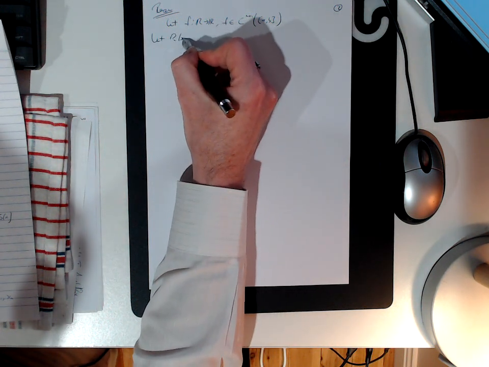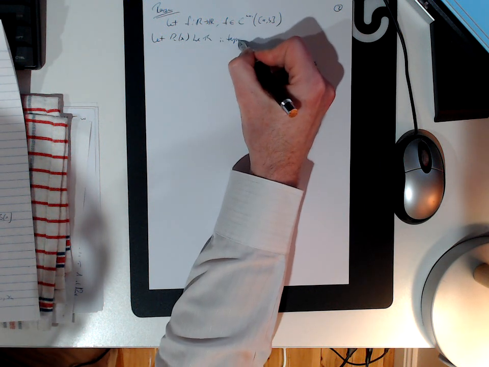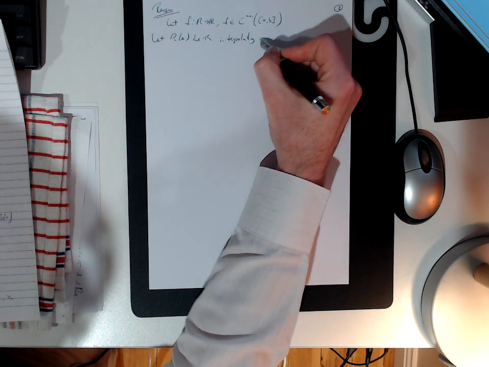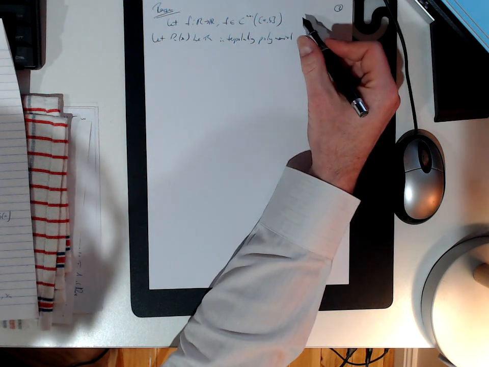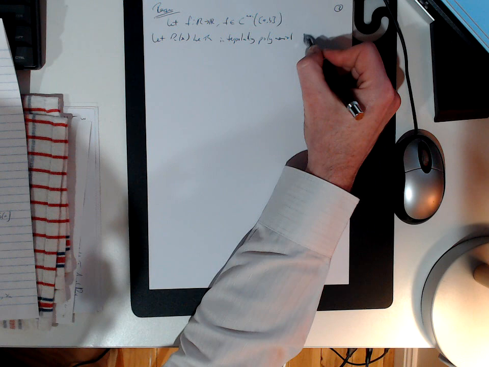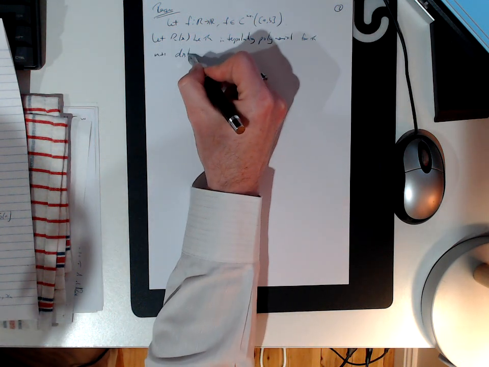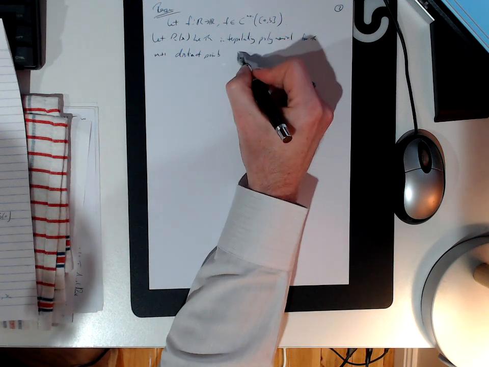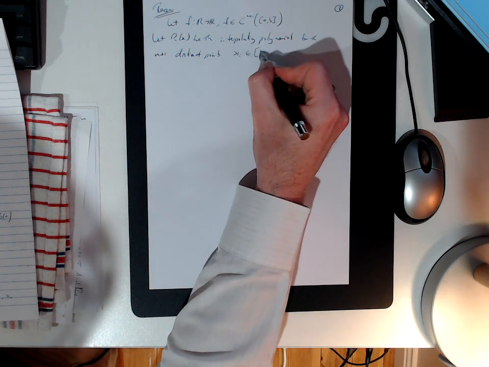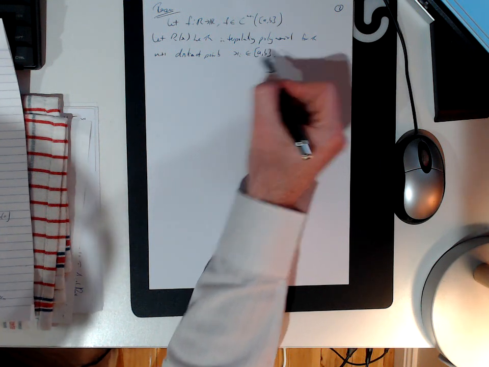We'll let Pnxi be the interpolating polynomial for the n plus 1 distinct points xi inside AB, and I allow the xi's to be equal to AB.